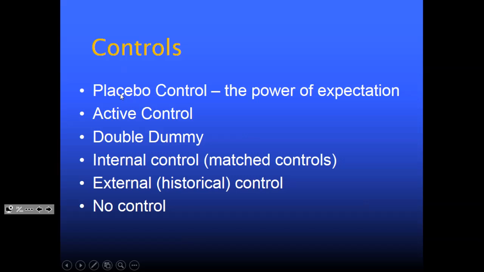And ideally, the placebo would resemble everything in terms of its appearance. The pharmacological effect would be, of course, completely different. However, it would mirror that appearance. Double dummy, which we'll look at momentarily, is a way to control for an active control that is perhaps a different formulation.